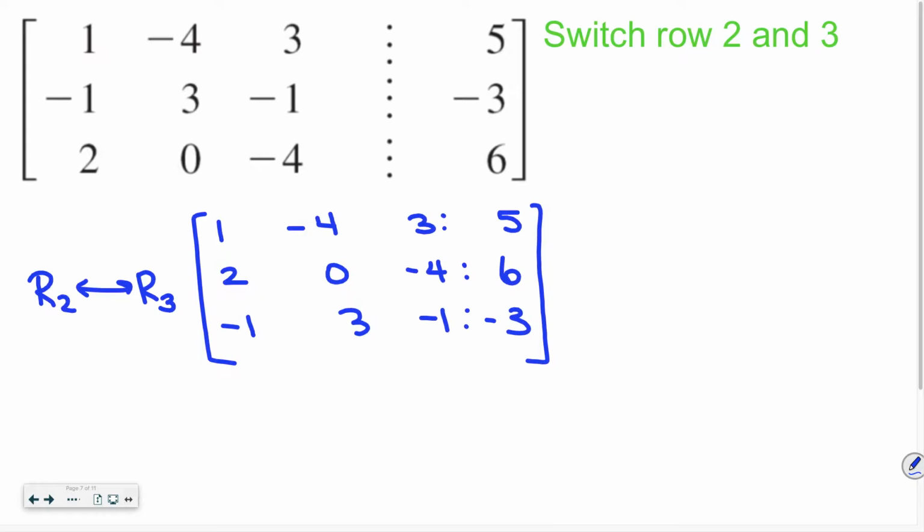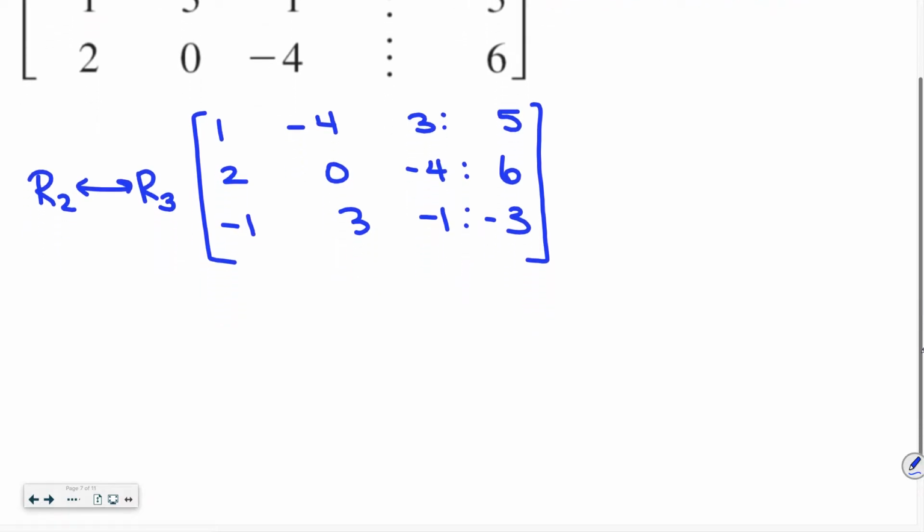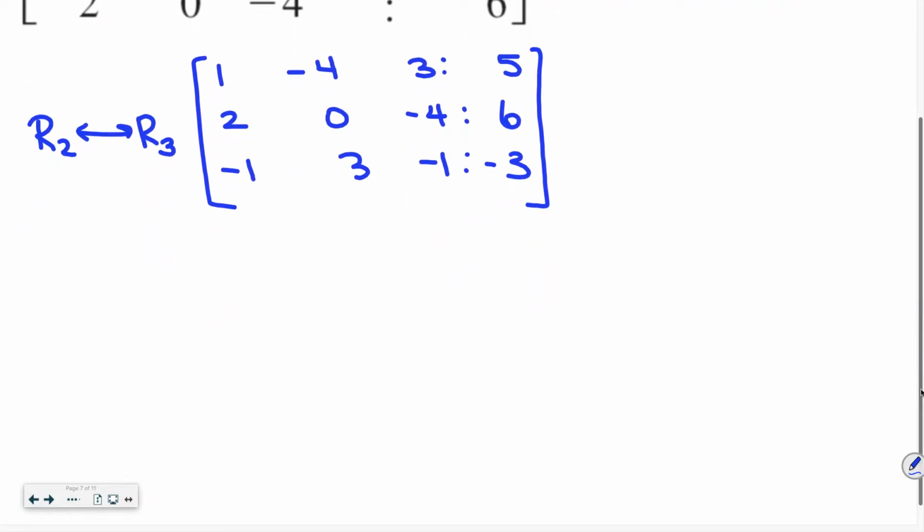Okay, and rows are stuck together, okay? So here would be switching row 2 and row 3, okay? Now from this matrix, I would like you to take row 1 and add it to row 3. Is that legal to add rows together? Okay, but I can only replace one of the rows.